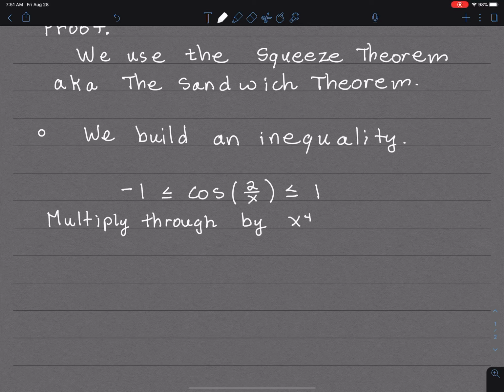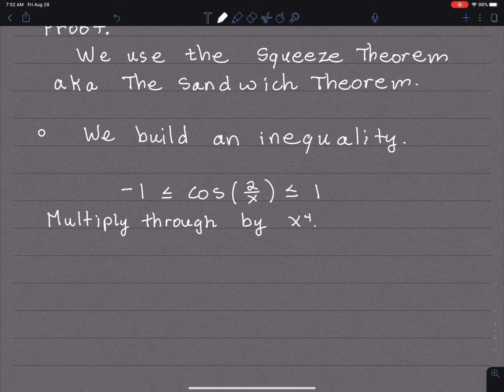Now, keep in mind that x to the 4th is always positive for x not equal to 0. So you put -1 to the 4th, -5 to the 4th, those are all positive. 5 to the 4th is positive. Why would I mention that? Because when I multiply an inequality by a number or variable, if that number is negative, it's going to flip the direction of the inequality.